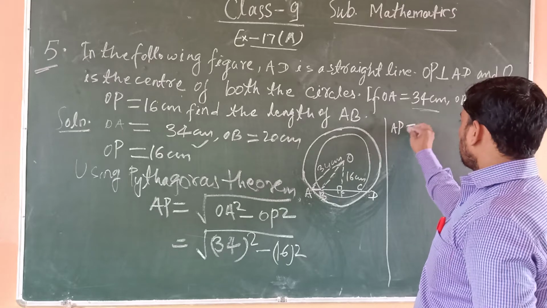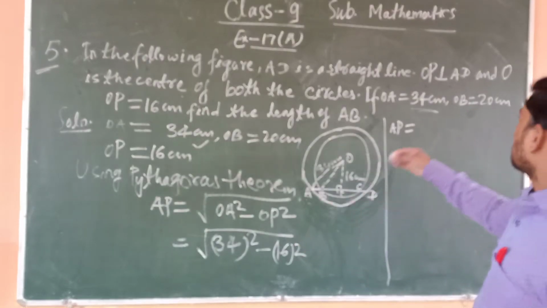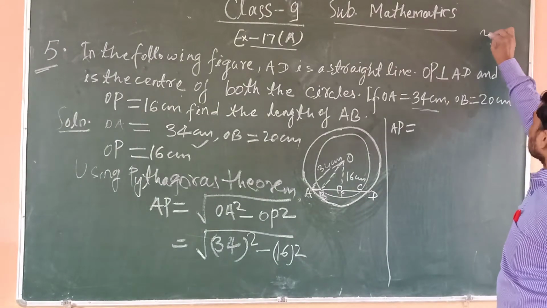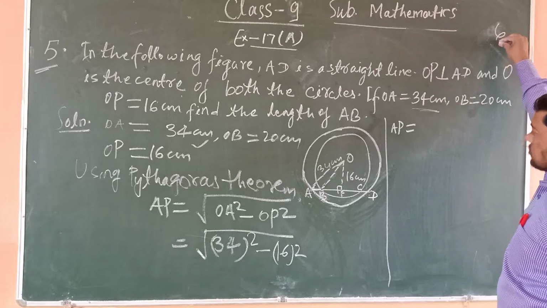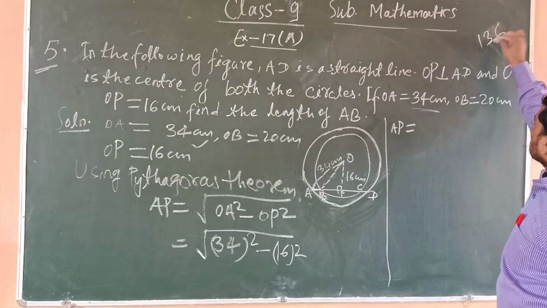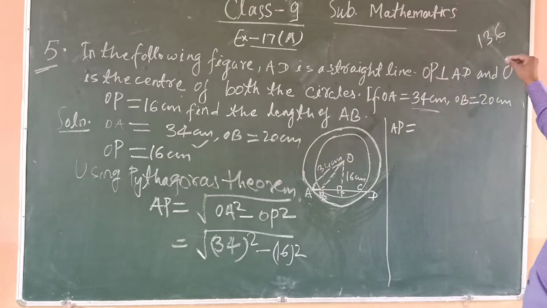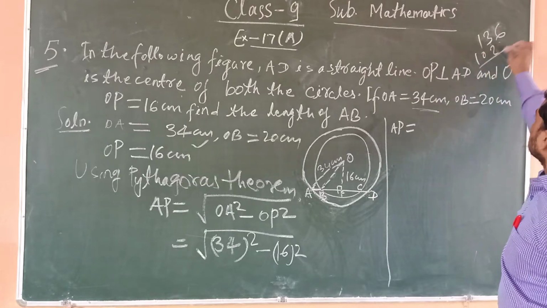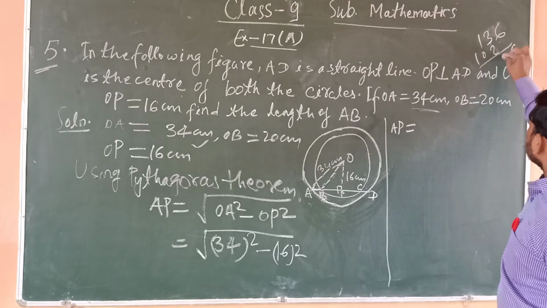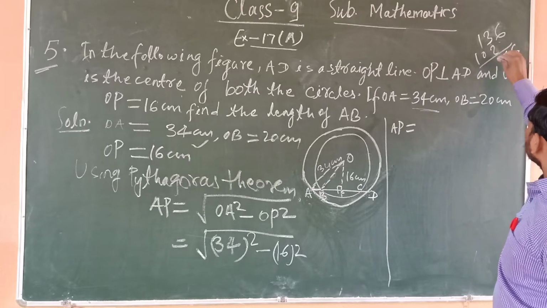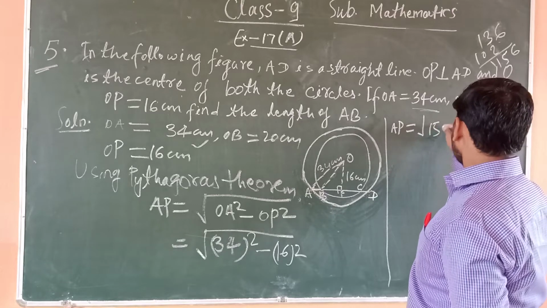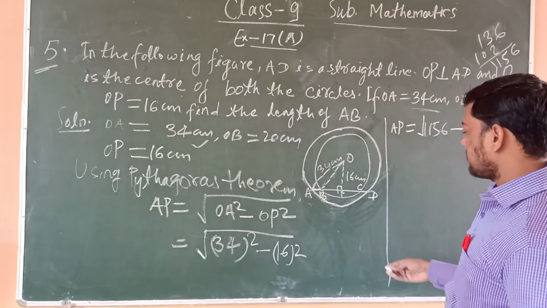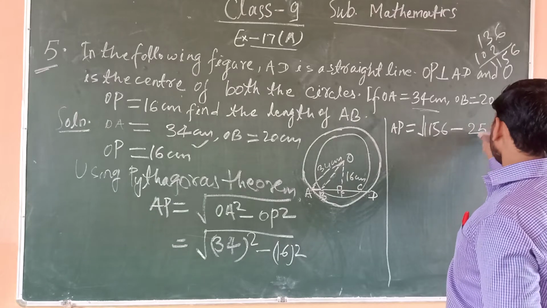AP is equal to under root 34 square minus 16 square, 256.